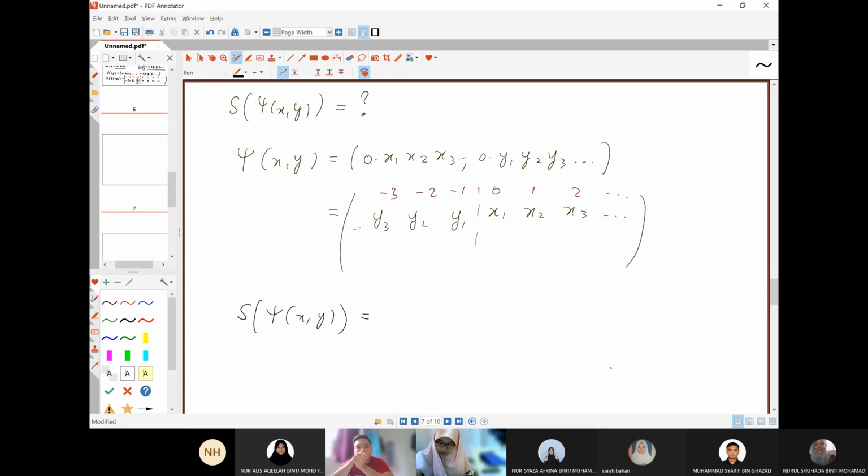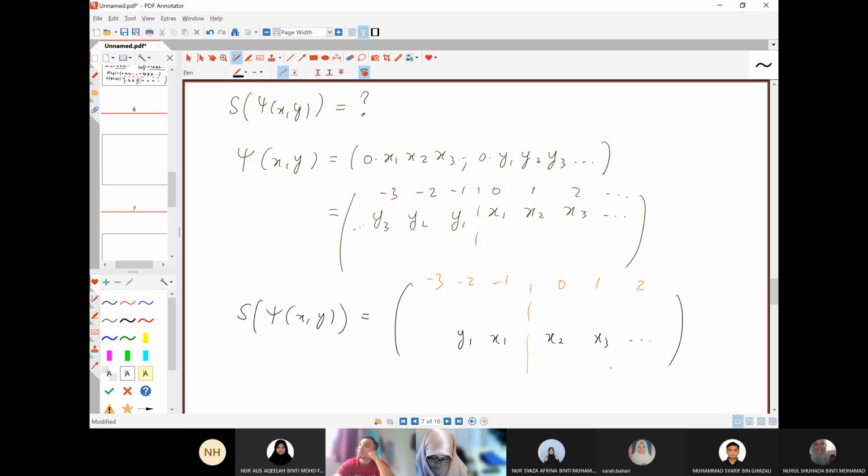Shifting to the left, that means you will have position ni bertukar. So again I have this 0, 1, 2, minus 1, minus 2, minus 3. So x1 here ada dekat sini, x2 dekat sini, x3 and so on.